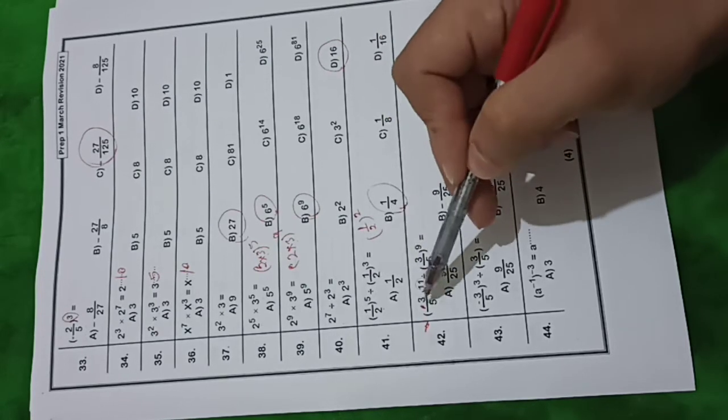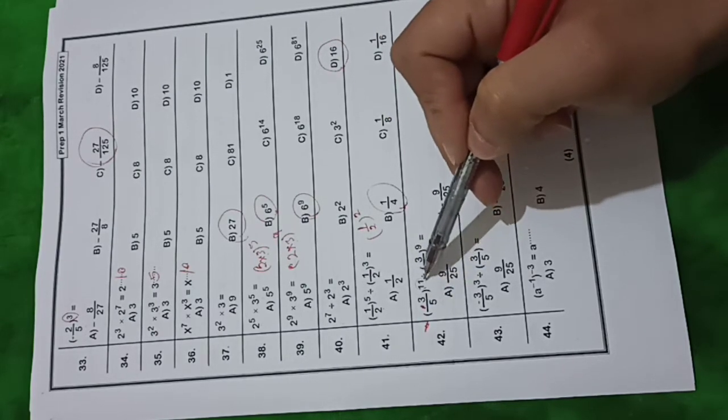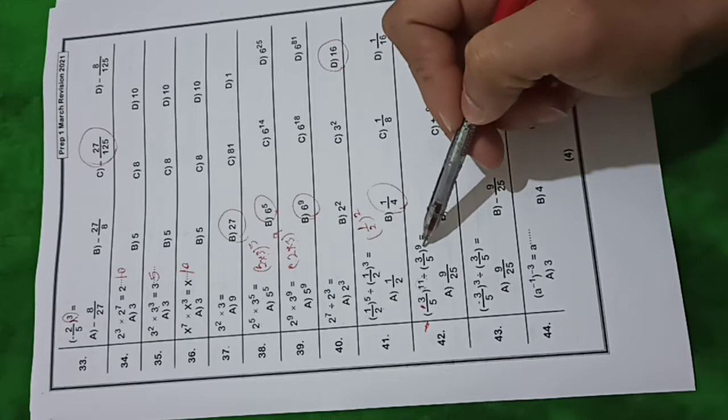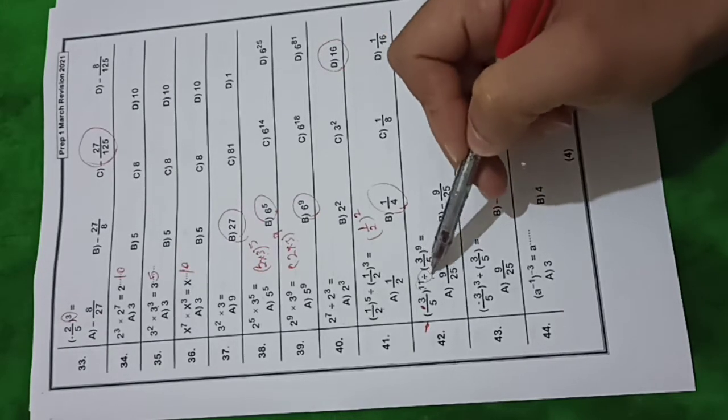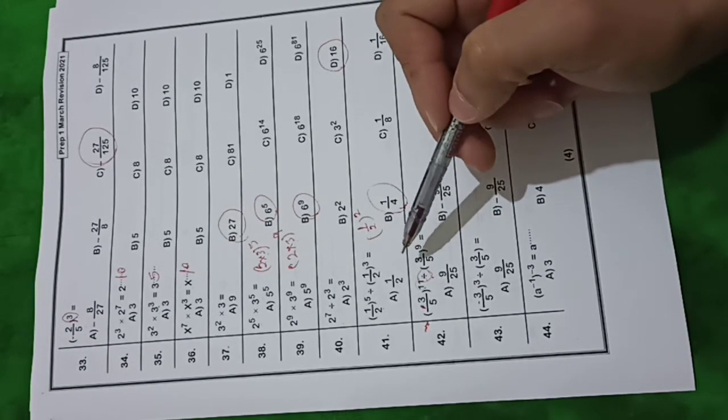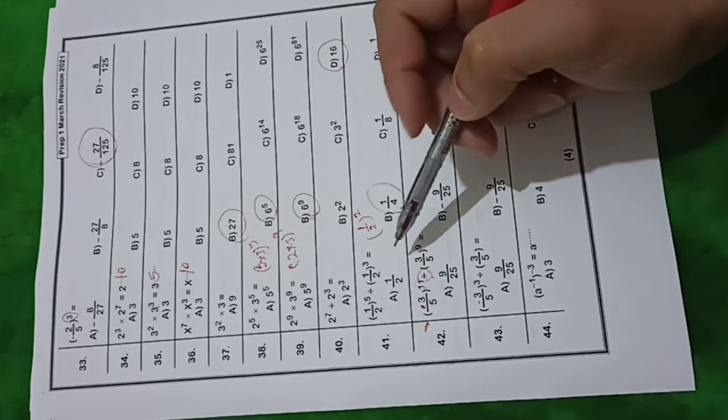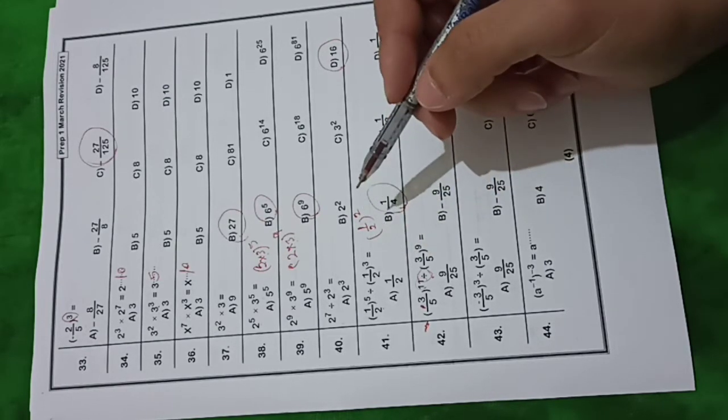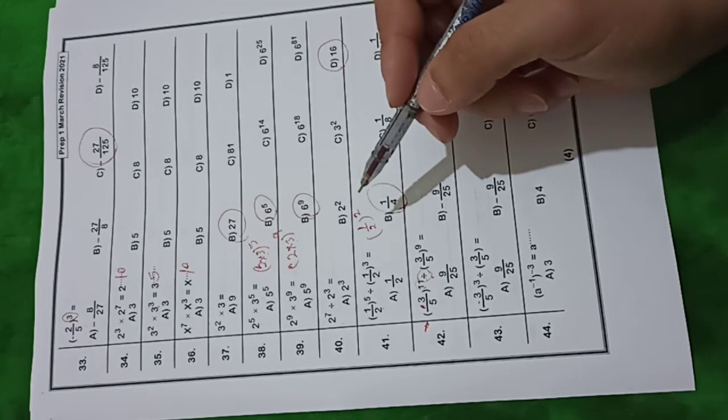Then we have 3 over 5 raised to power 11 divided by 3 over 5 raised to power 9, and we divide. Then we subtract powers. 11 minus 9 equals 3. No, 11 minus 9 equals 2.